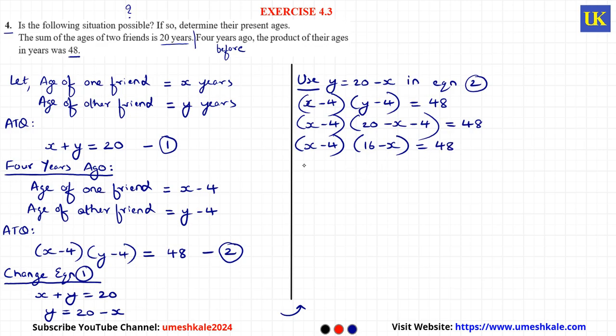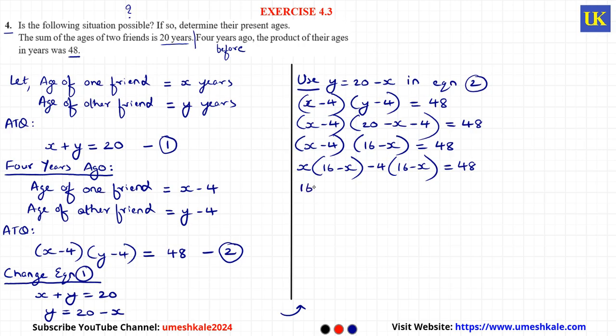Now we will multiply this out. We will take this x and multiply with 16 minus x one time, and then we'll take minus 4 and multiply with 16 minus x another time, equal to 48.